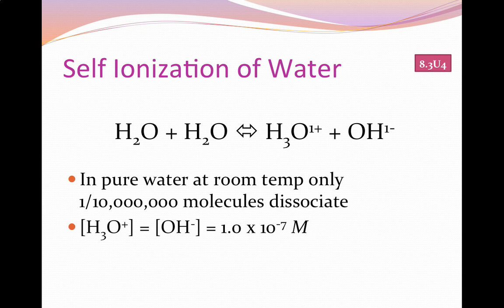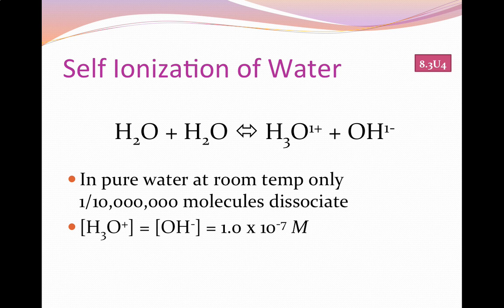So I can think of it in terms of concentration. Remember those brackets around it mean concentration. My concentration of my H3O1 positive, and I just used the word without telling you, another word for that is hydronium ion. H3O1 positive, a hydronium ion. The hydronium ion concentration is equal to the hydroxide ion concentration.